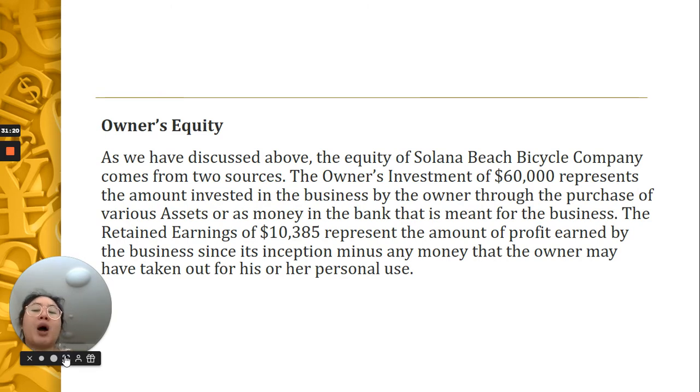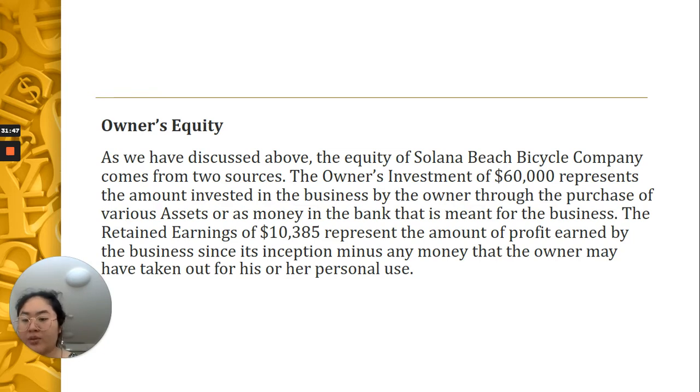And the second part is the retained earnings. Retained earnings represent the amount of profit earned by the business since its inception, minus the money that the owner may take out for personal use. The retained earnings equal 10,385.